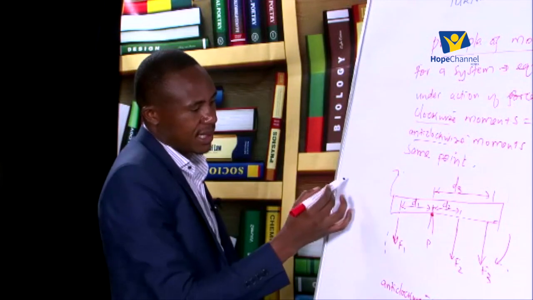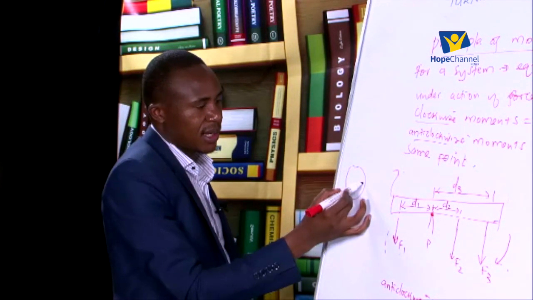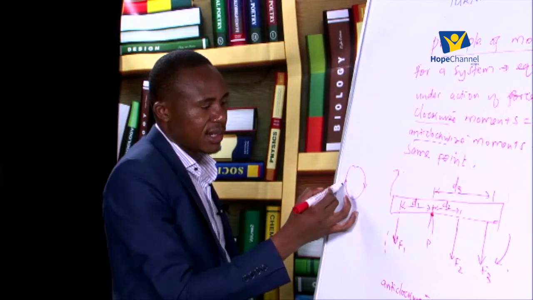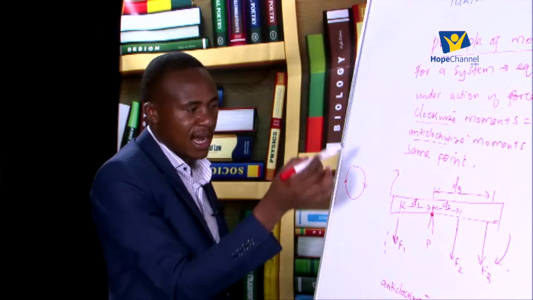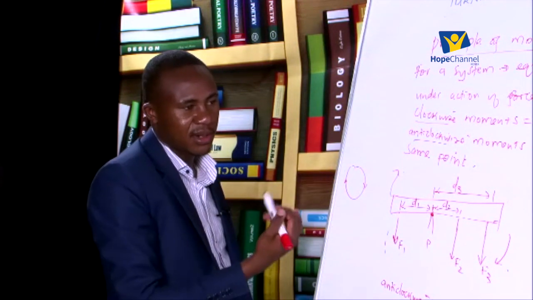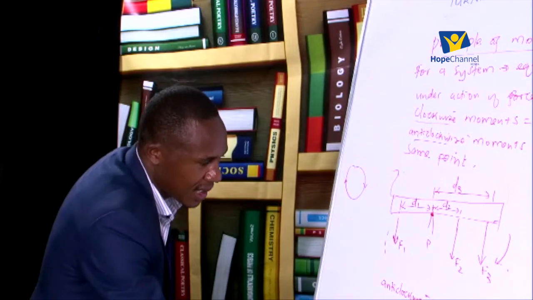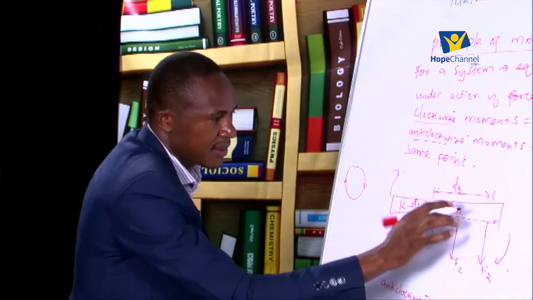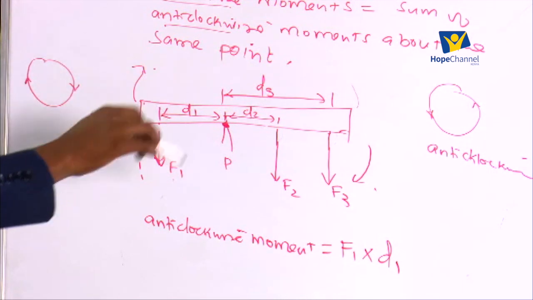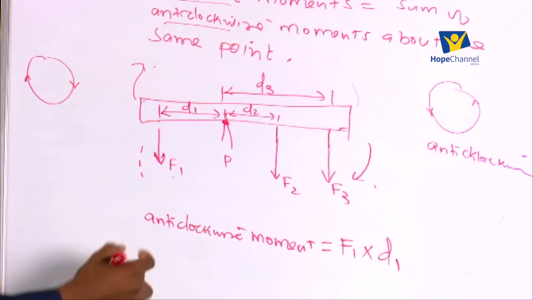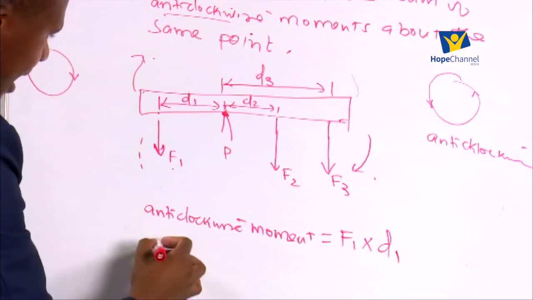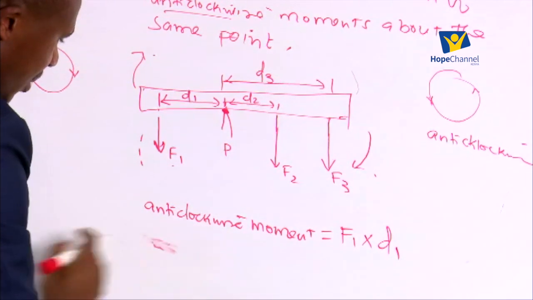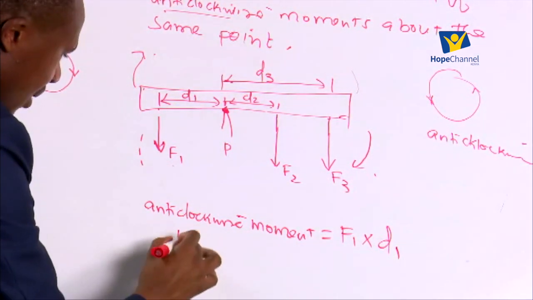If we complete it in a circle, this goes down, the other side goes up. So this is a clockwise direction of rotation, unlike the other one. So F2 and F3, both of them tend to make the rule rotate about point P in a clockwise direction.